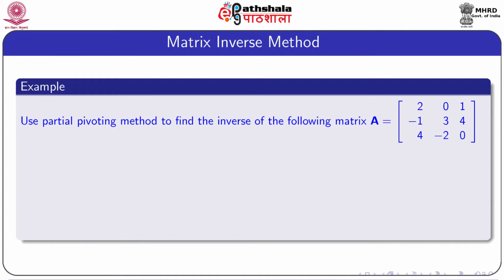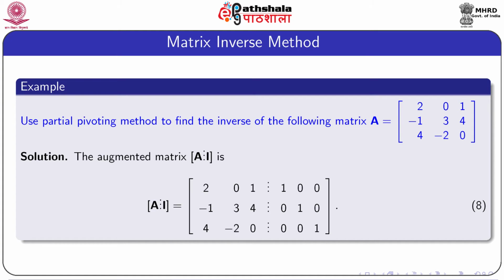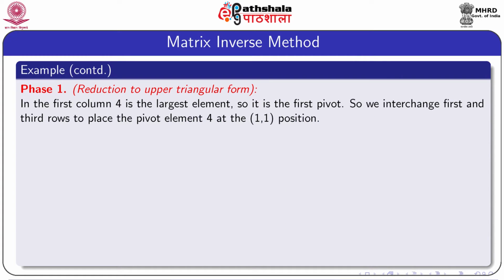Now, we use the partial pivoting method to find the inverse of the matrix A with the help of the Gauss-Jordan elimination method. The augmented matrix is this one, [A | I], where the first half is the given matrix A and the second half is the unit matrix. In phase 1, our intention is to reduce it to the upper triangular form.